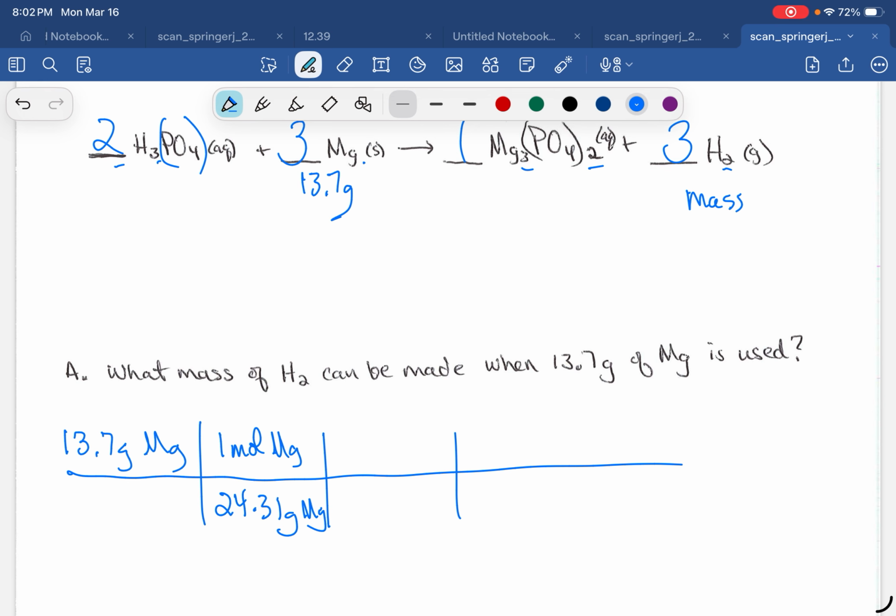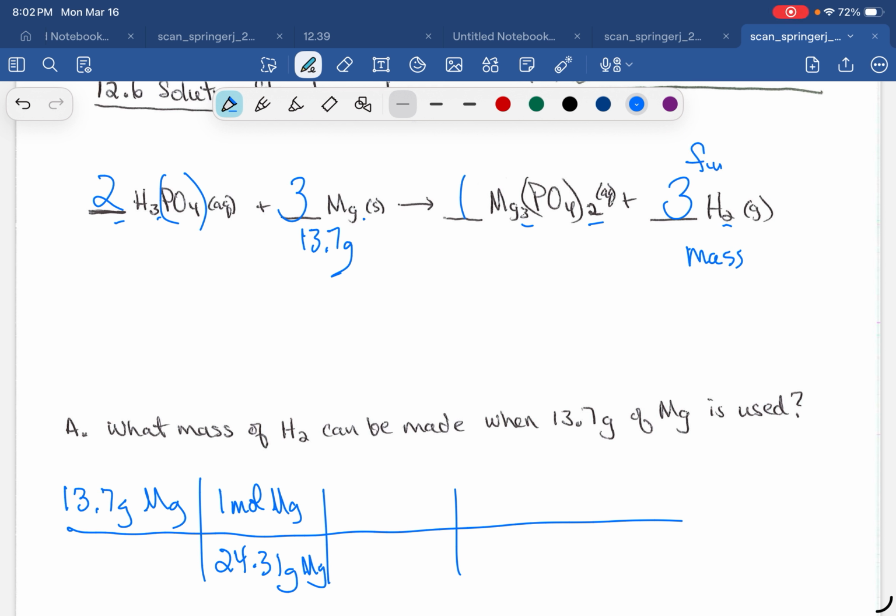And then my find over given: this is my find, and that's my given. I'm going to put in 3 moles H2 over 3 moles Mg.